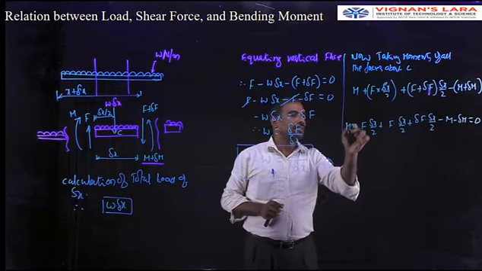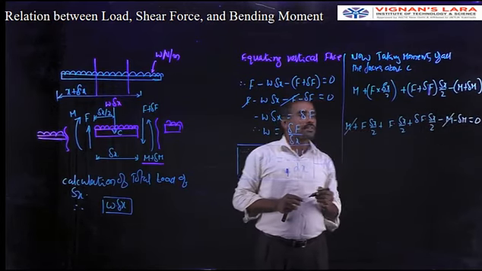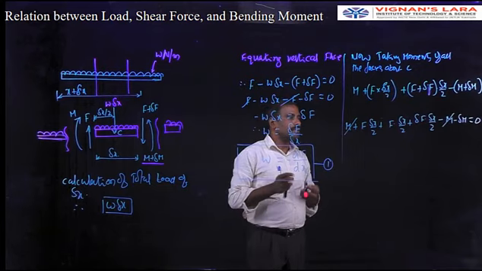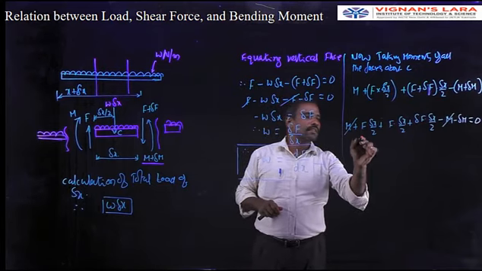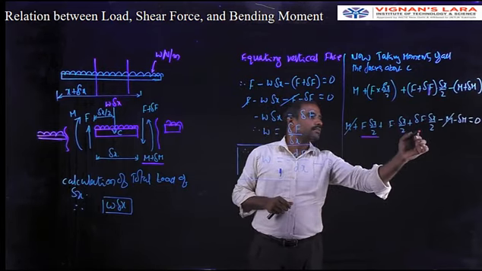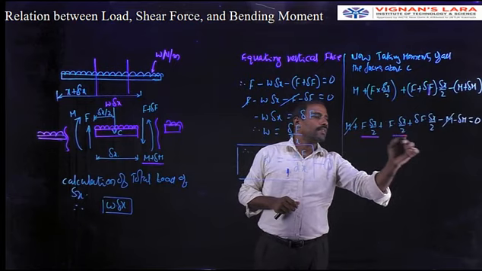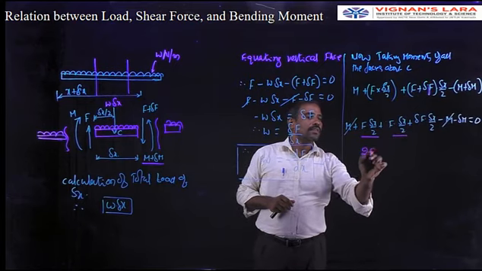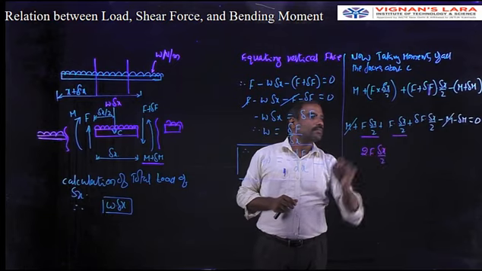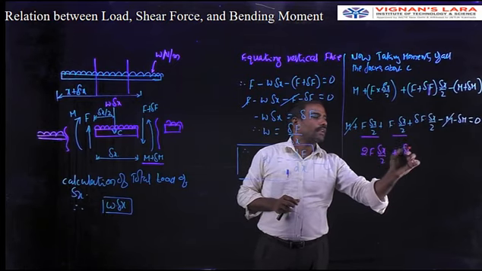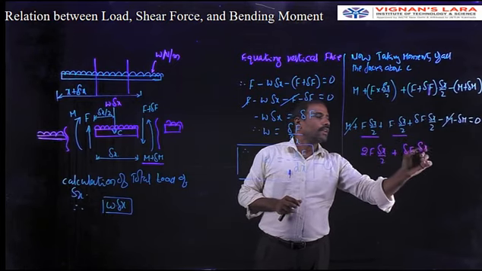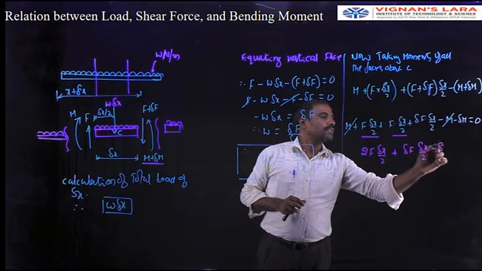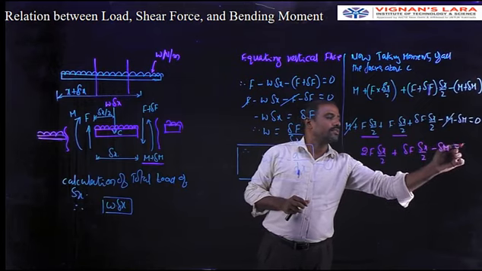So these two M terms cancel, and F into delta x plus F into delta x by 2 each gives F delta x, plus delta F into delta x by 2, minus delta M is equal to 0.